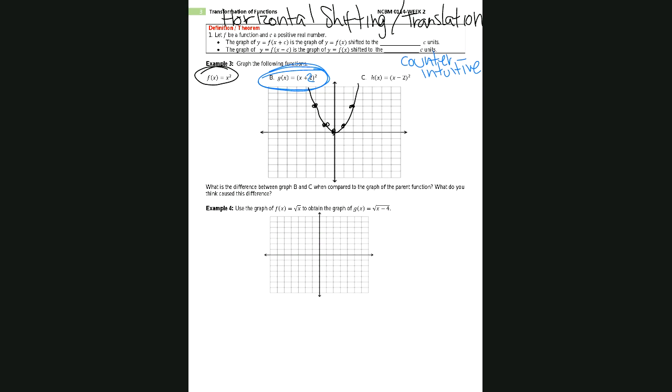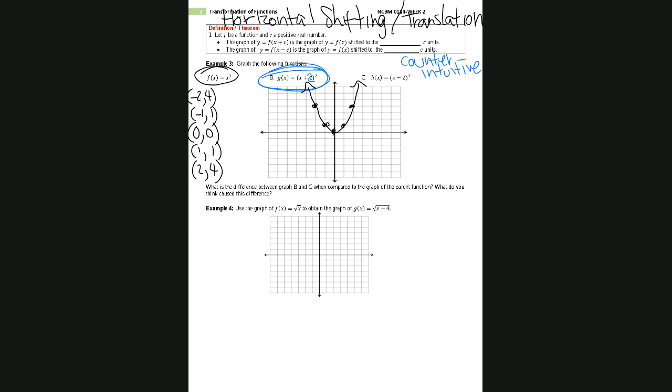Like that. Okay. Now, the one that I'm going to graph in blue, and actually let me just write down the points of the parent here. So negative 2, comma 4, negative 1, comma 1, 0, comma 0, 1, comma 1, and 2, comma 4.